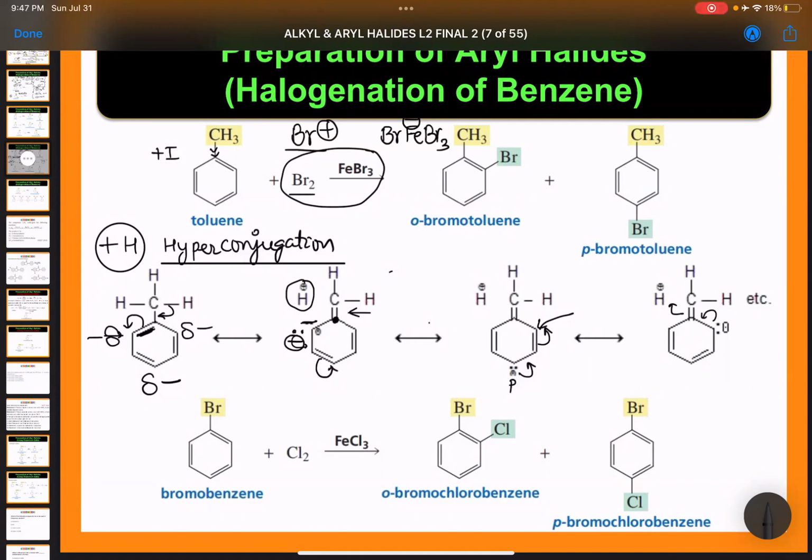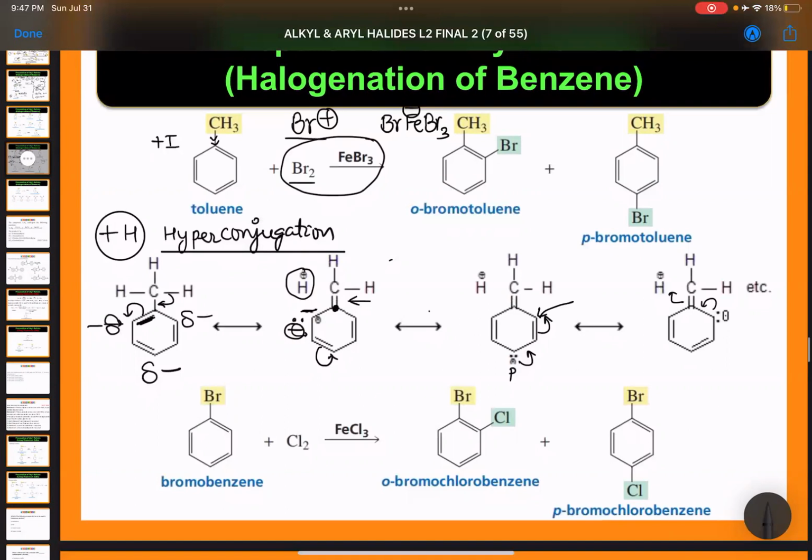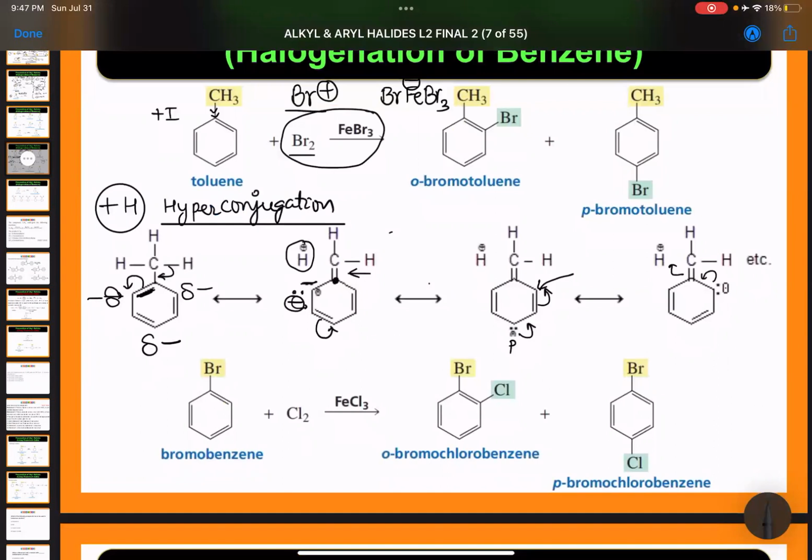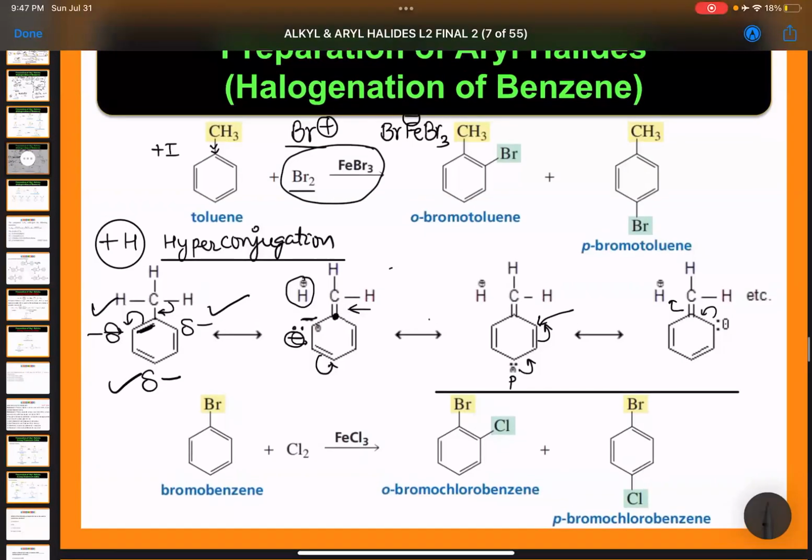Can the Br plus attach itself to the toluene ring at all positions with equal ease, or are there some positions where it can attach more easily? Which positions are these? These are the positions where the electron density is more, so the ortho and para positions. That's why it is ortho-para directing. Is it clear? Yes, sir.